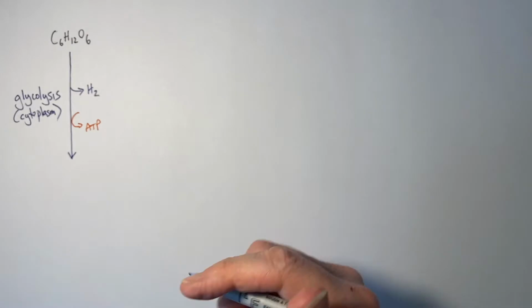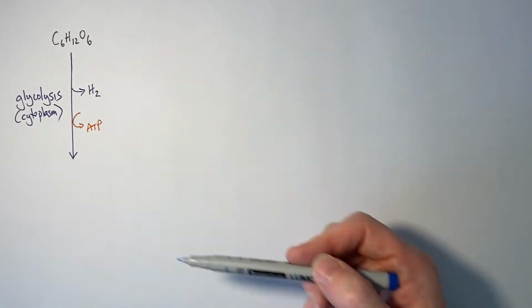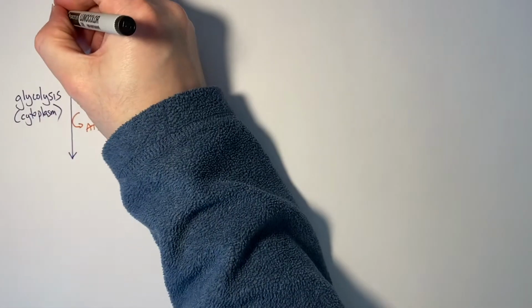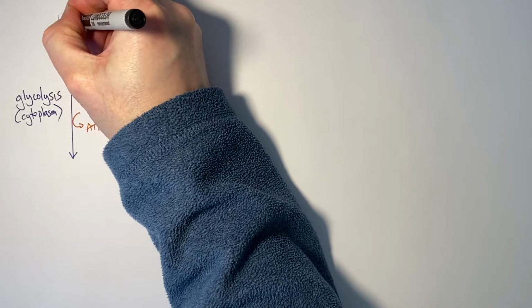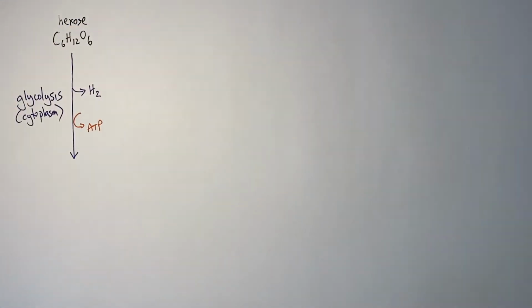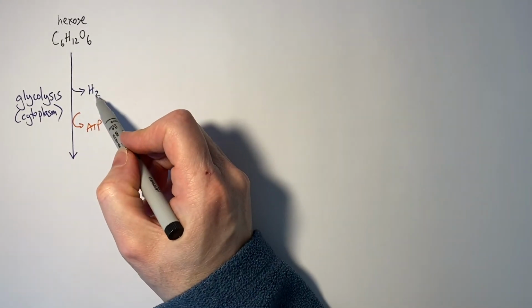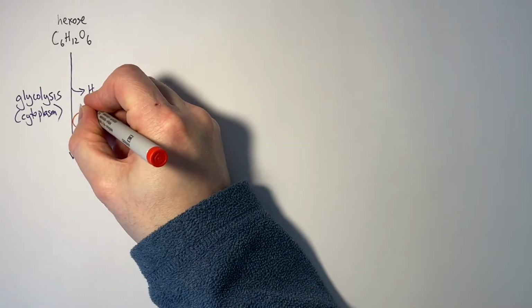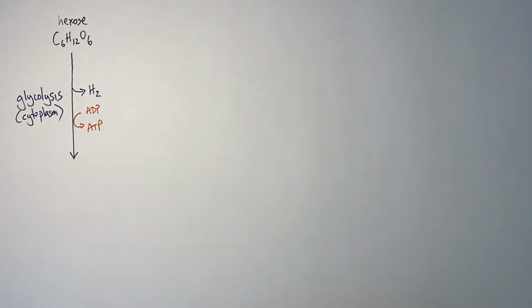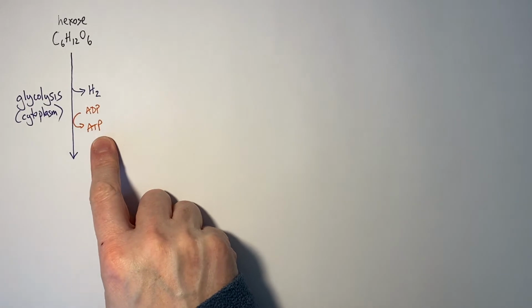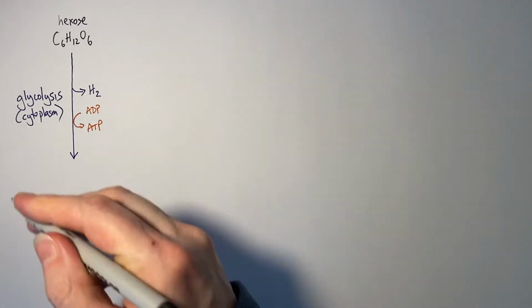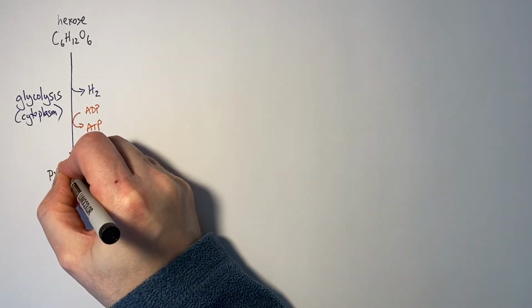Okay, we're going to be looking in subsequent lessons at each of the stages in a little bit more detail. So that first stage, glycolysis, we get glucose or hexose, and it loses hydrogen. It forms ATP from ADP. It gives it a phosphate group, inorganic phosphate group, and we get formed at the end a substance called pyruvate.